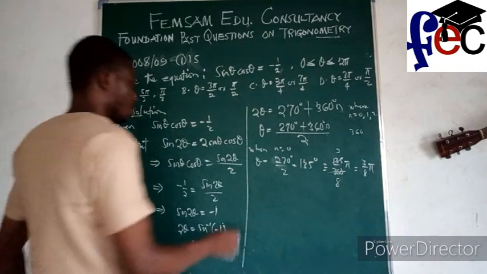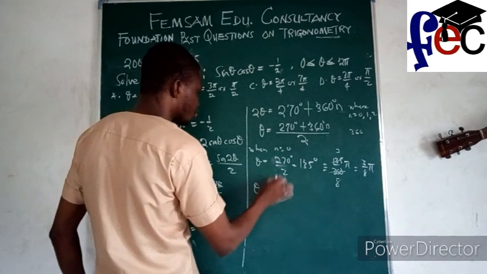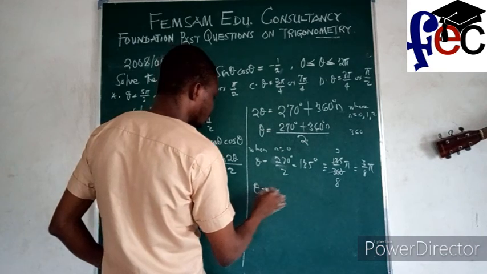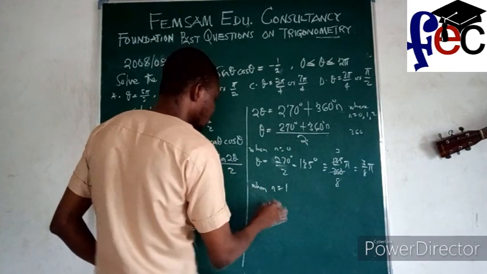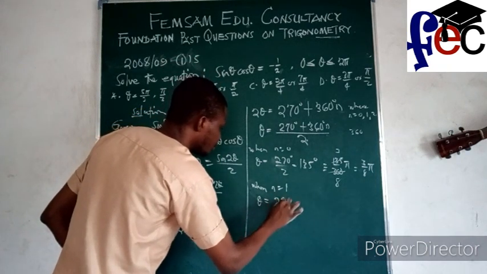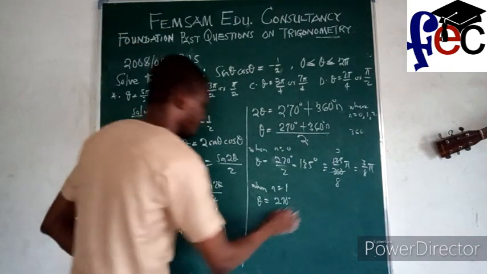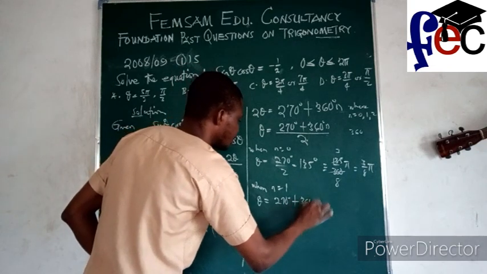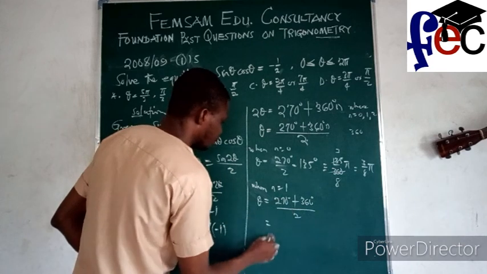Okay, so now the second one will be theta equal to, when n equals 1, theta is going to be equal to 270 degrees plus 360 degrees, divided by 2, and this one will give us what?